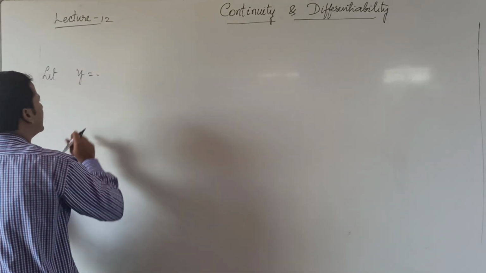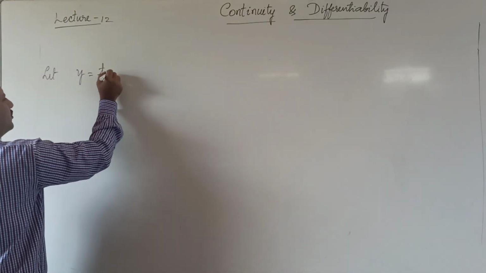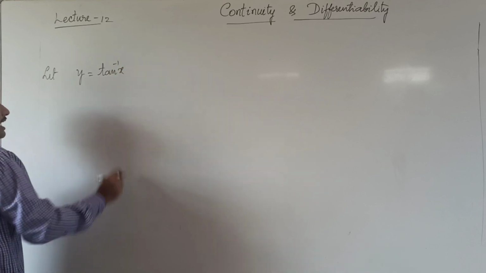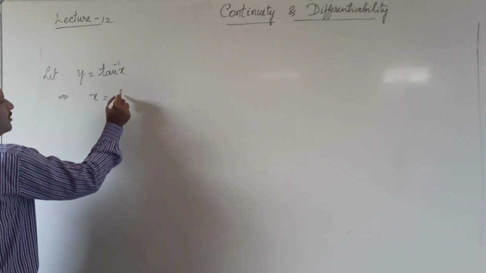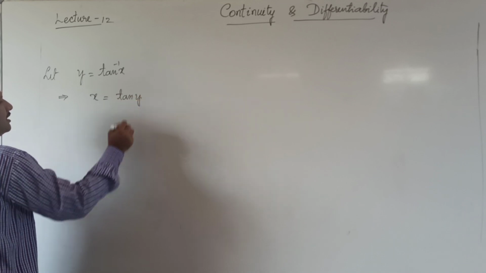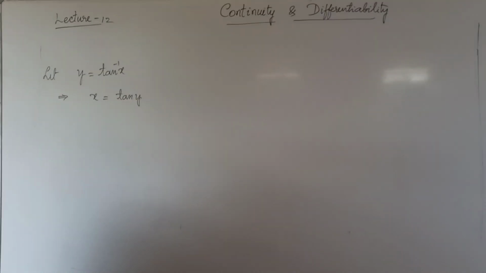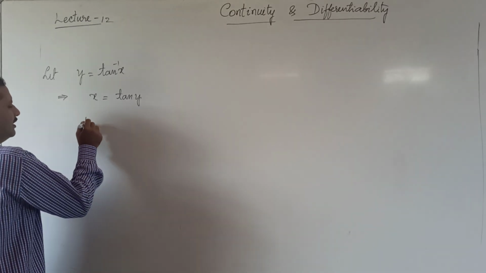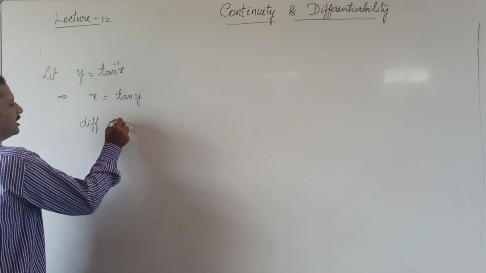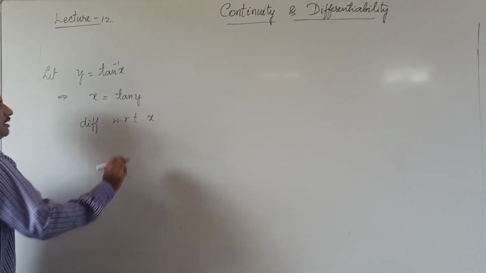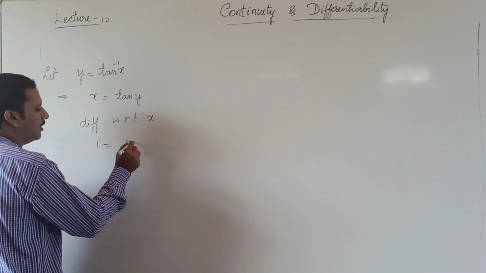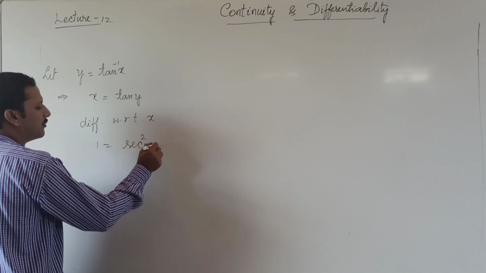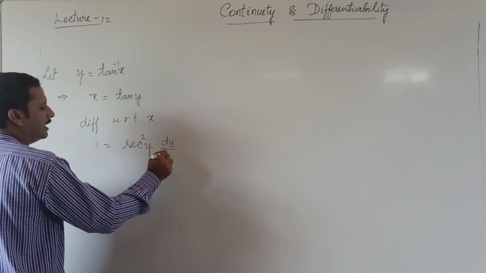Now I'll consider tan inverse x. Let y is equal to tan inverse x. This will imply that x is equal to tan y. Now differentiating with respect to x, we get 1 is equal to secant square y into dy by dx.